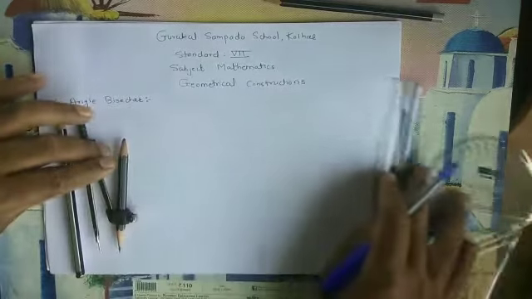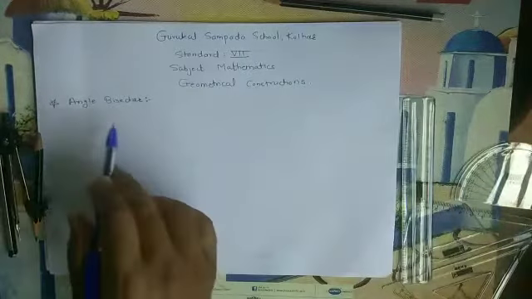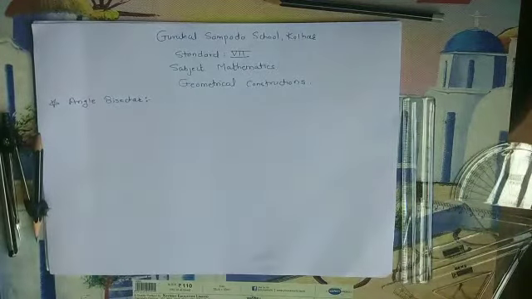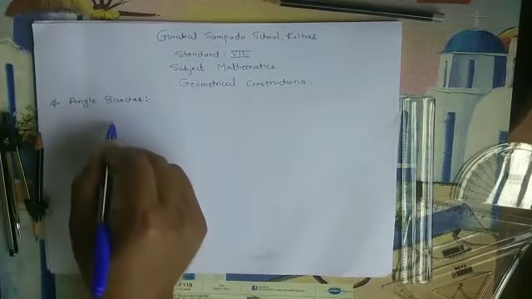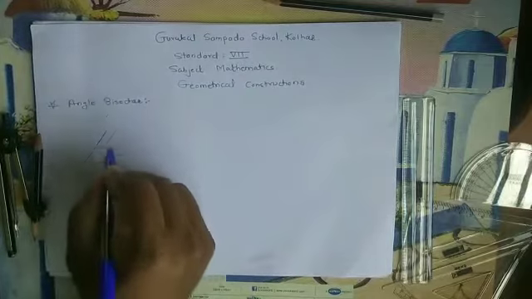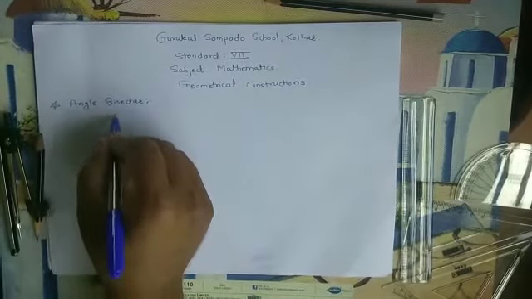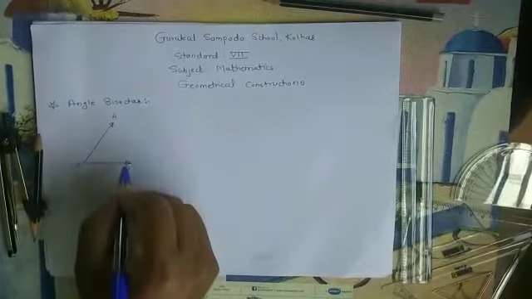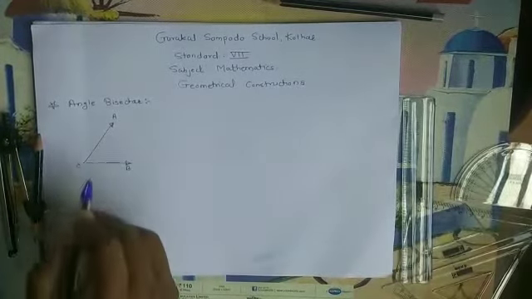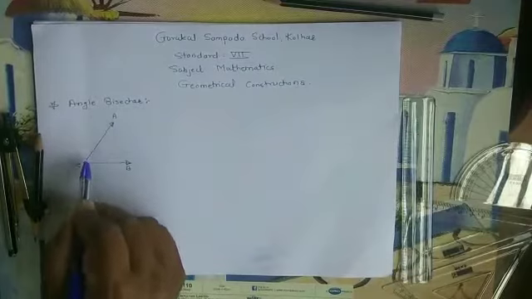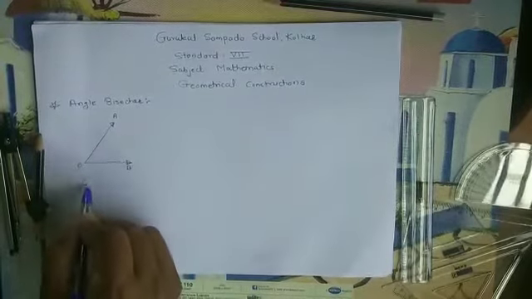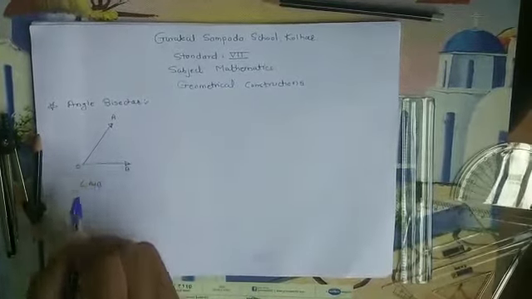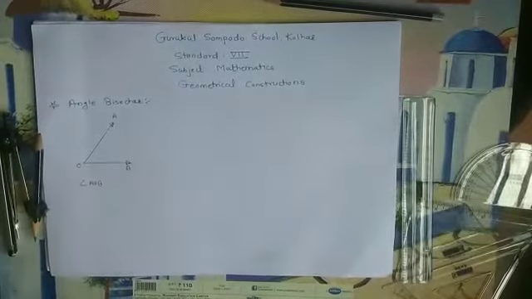Now here we are going to study the first topic, angle bisector. First, an angle. If I draw a simple angle, suppose this is angle AOB. It can be written like this.